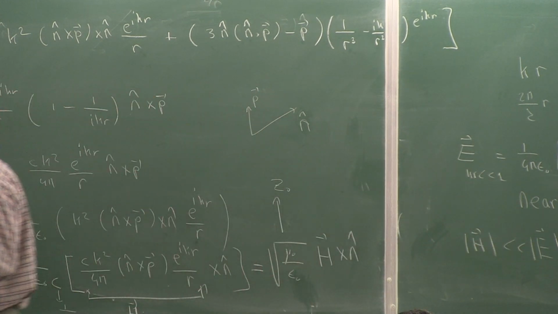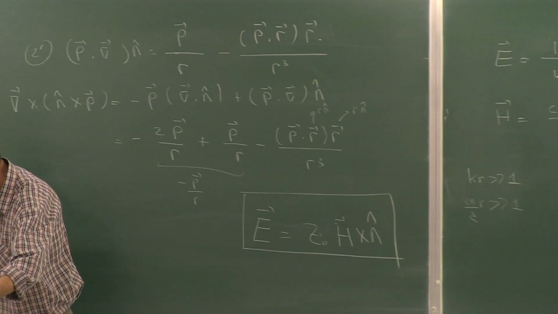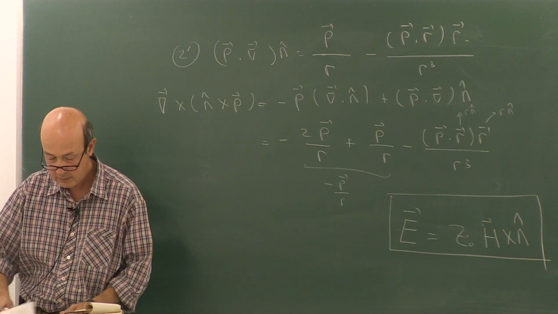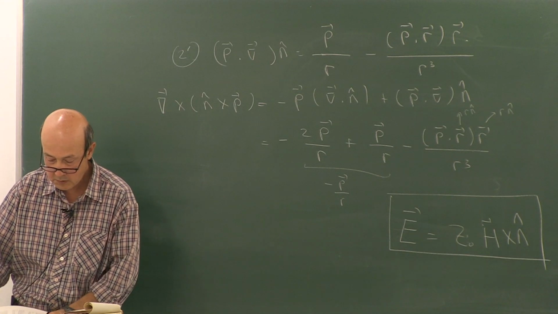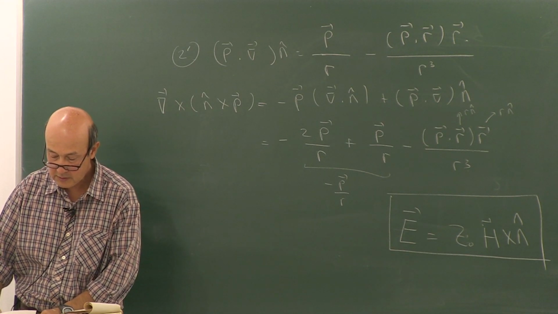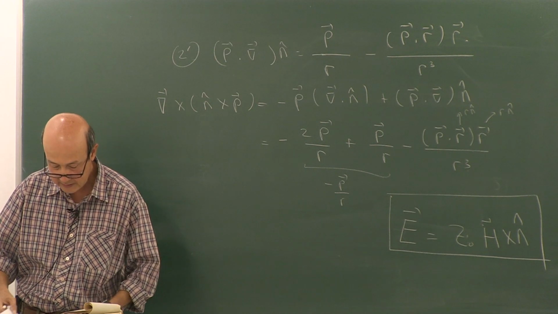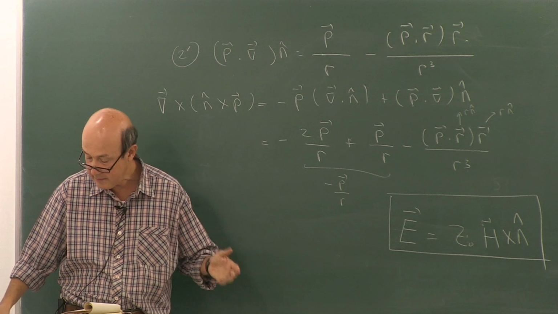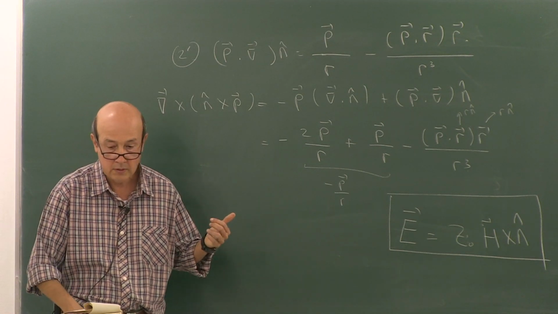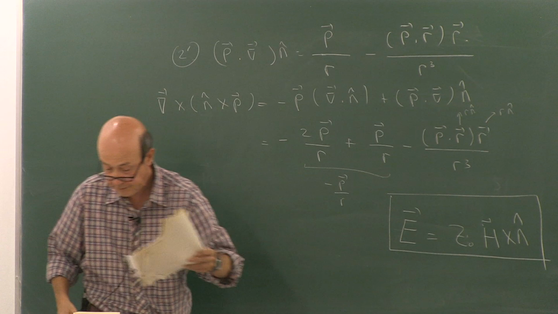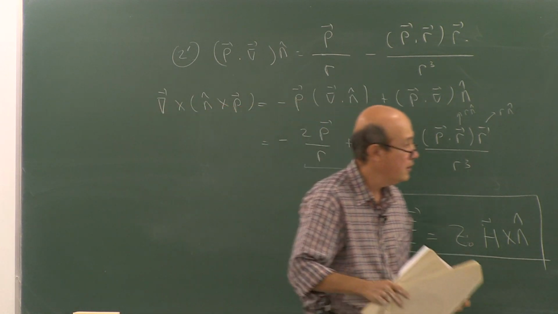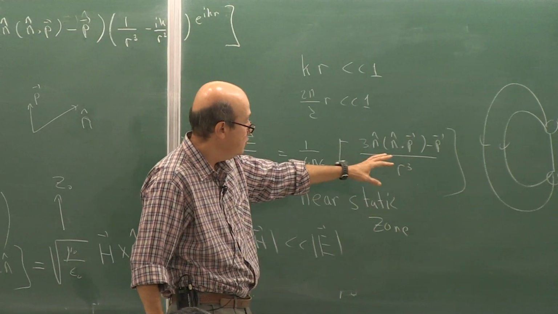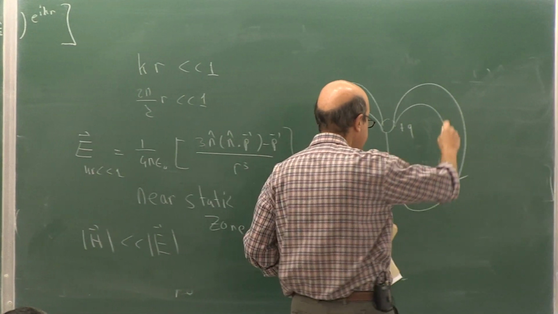So if you go and look at your book in chapter 4, multipoles, electrostatics of macroscopic media, dielectrics, equation 4.13 is the same as this. So it is called the near static zone because when you go closer to the source, the electric field is dominant.